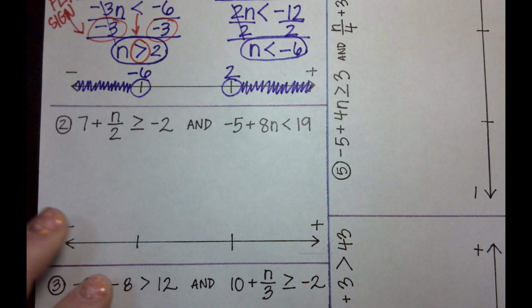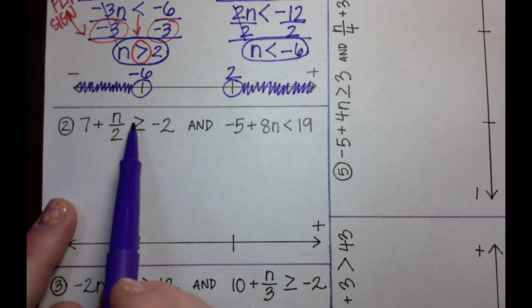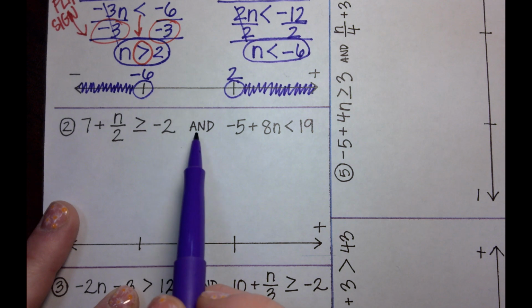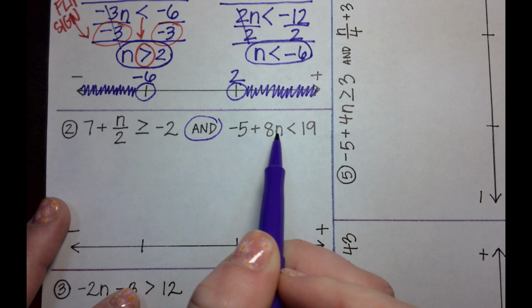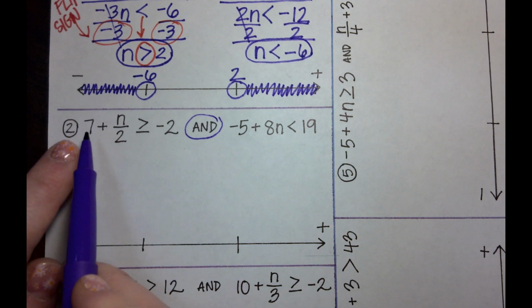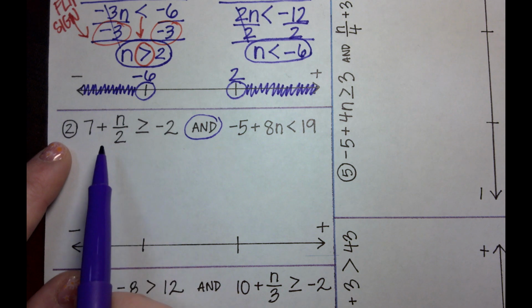Number 2, I have 7 plus n divided by 2 is greater than or equal to -2. And this is an and, -5 plus 8 times n is less than 19. Let's work on this side first. What should I do here to begin? Good.